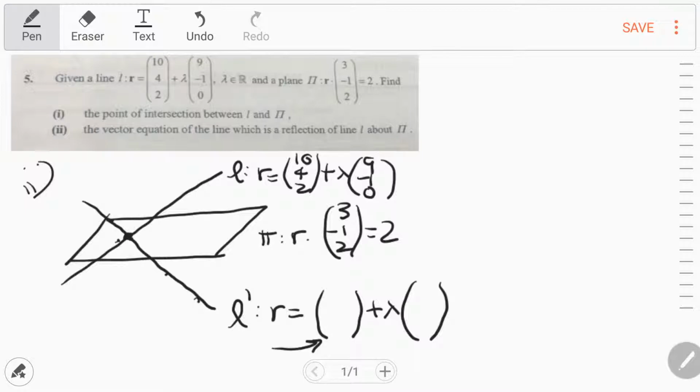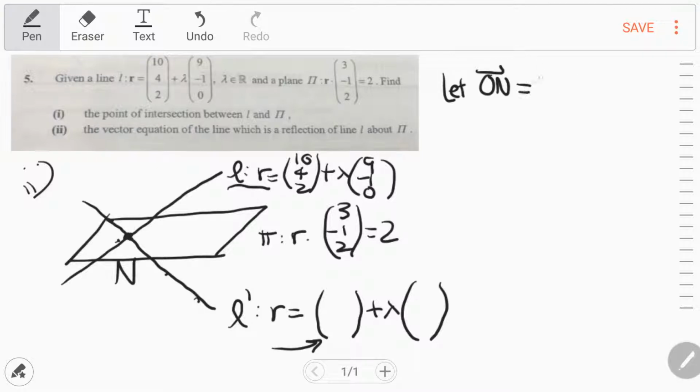So to find that point, I call it N, and let ON be r. Since it falls on this line, I can express ON as the line equation because it is a point on that line.